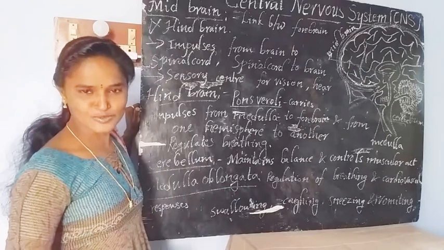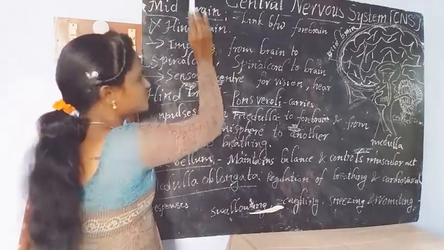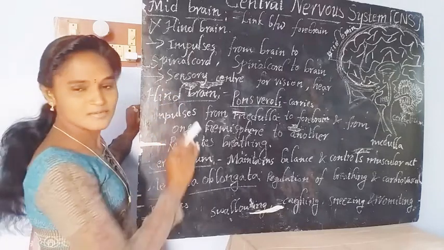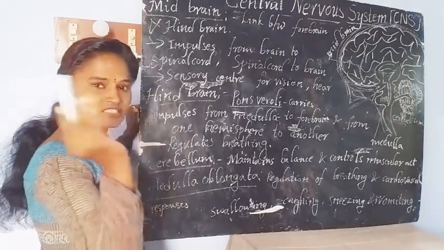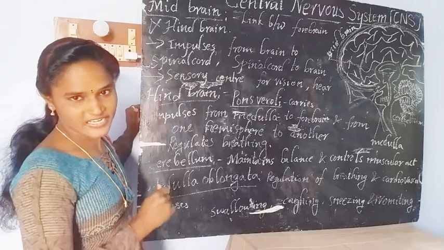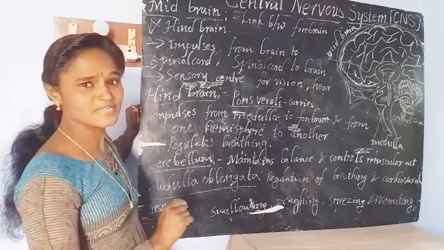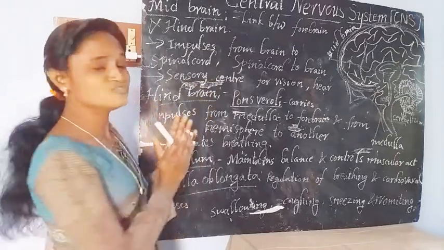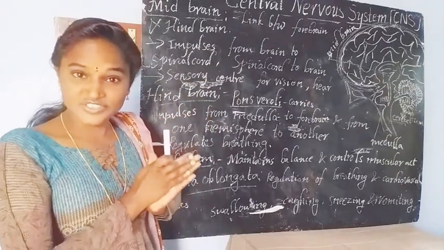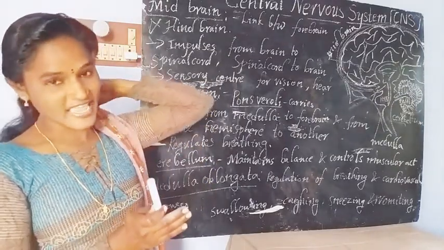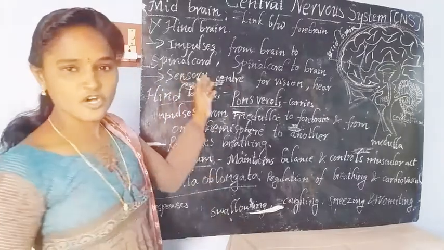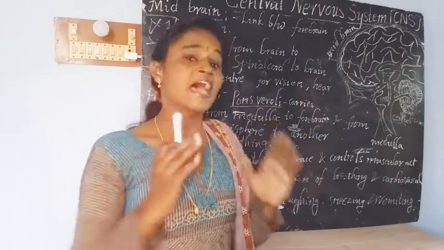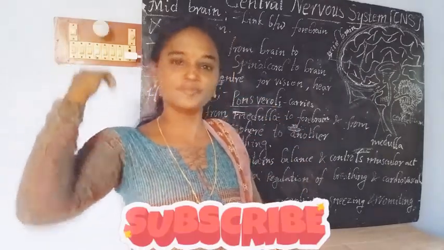It is very easy to learn about the midbrain and hindbrain. The midbrain connects the forebrain and hindbrain. Its function is to act as a sensory center for vision and hearing, and it also carries impulses from the brain to the spinal cord and from the spinal cord to the brain.